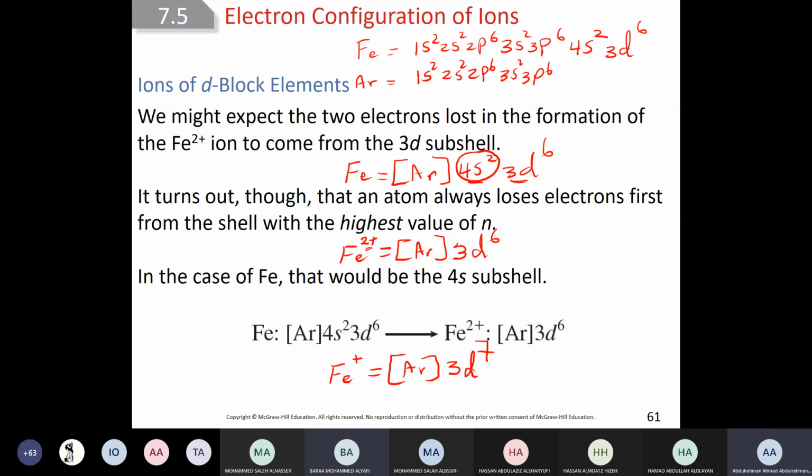Because we can put only 1 electron in s. No, because there were 2 electrons in s. When you have any charge, the next electron will go, but we cannot make the 2 go. So 1 will go out to make it plus, and the other one will go to the d level. And it will be 3d7. Is this clear? Doctor, is this for Fe or any transition metal? Any transition metal.